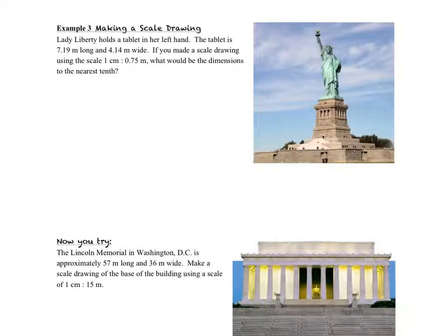Okay, we have a tablet with a length and a width, so it's really like two different problems. I have my scale, 1 centimeter over 0.75 meters, and that's going to be equal to, let's start with the first one, 7.19 meters goes in the meter spot, and x would be on top. So we cross multiply, we get 7.19 centimeter meters is equal to 0.75 x meters.